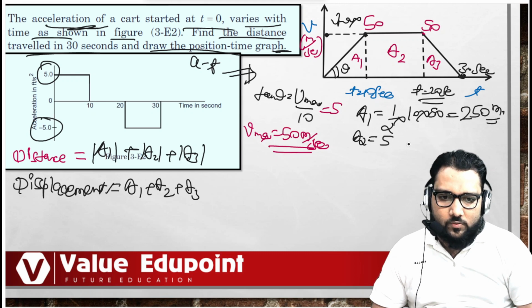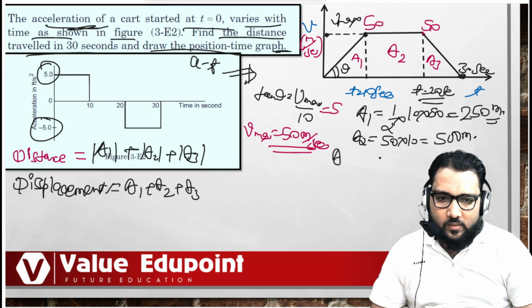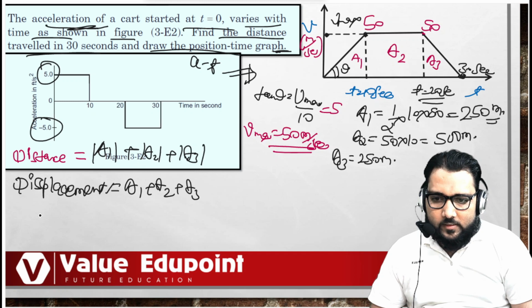So 50 into 10 is 500. Is it okay, guys? Now the area A3 will be the same, that is 250. Is it okay, guys?